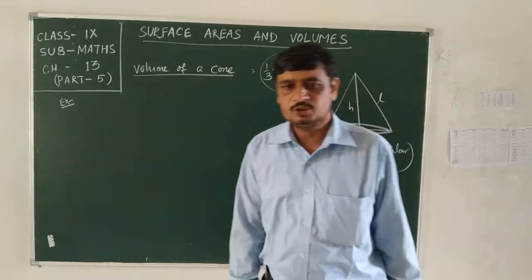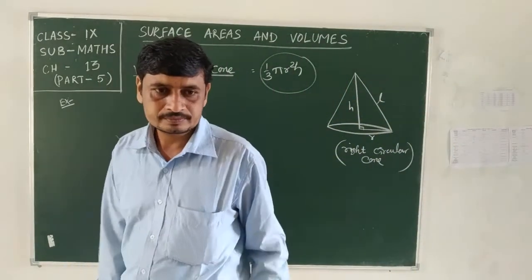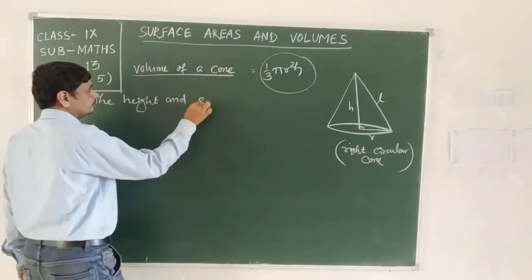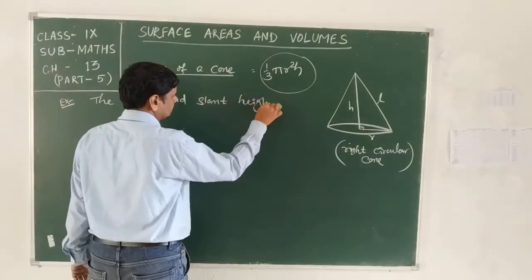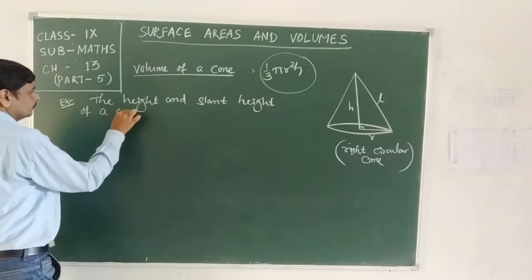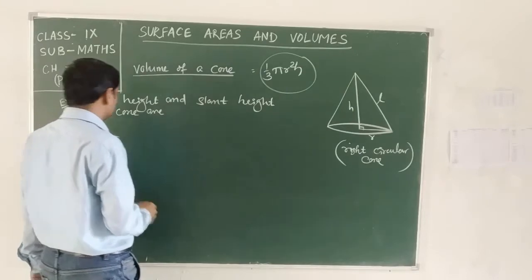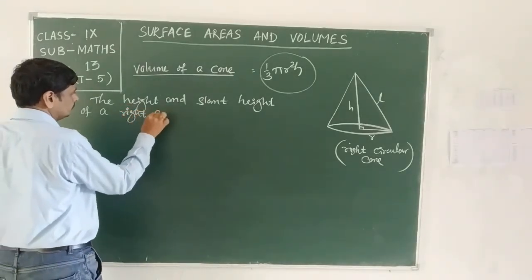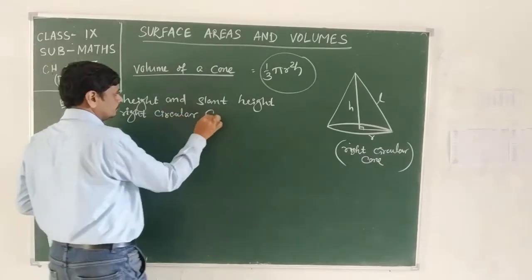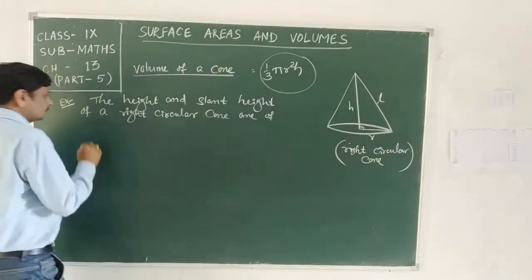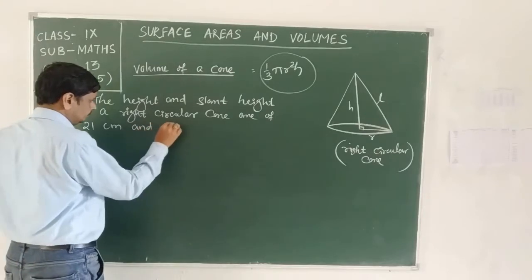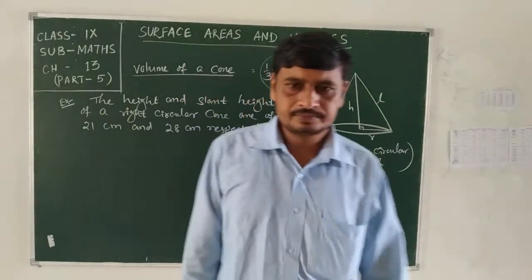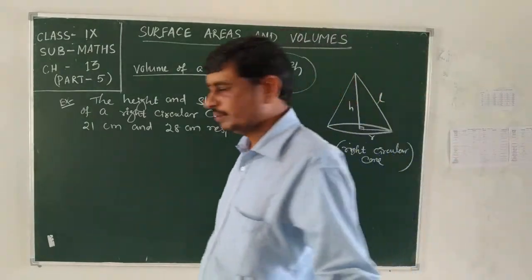The height and slant height of a cone are 21 cm and 28 cm. Find the volume of the cone.